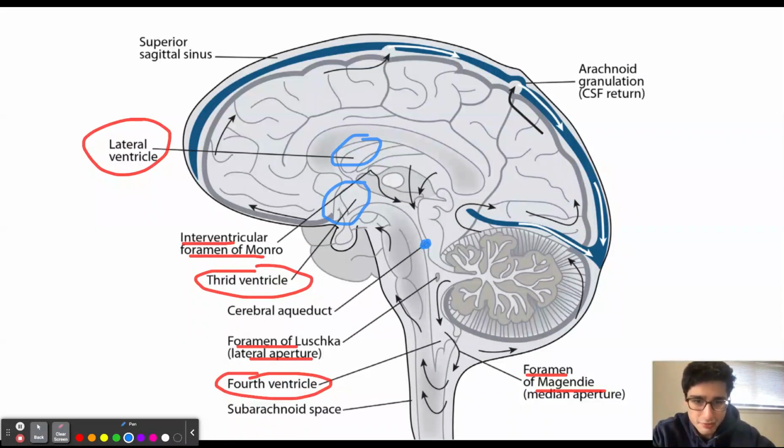So if we have an obstruction here, then the CSF won't be able to reach the fourth ventricle, and so behind the cerebral aqueduct, so like the third ventricle and the lateral ventricle, we'll see an enlargement, and this is what we see on the CT scan. We see a normal sized fourth ventricle. As a result, we know that the obstruction occurs at the cerebral aqueduct.